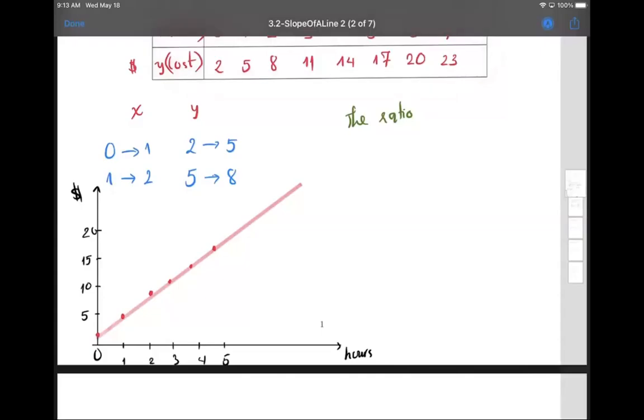Okay, the ratio of change in y divided by the change in x is a constant 3, right?